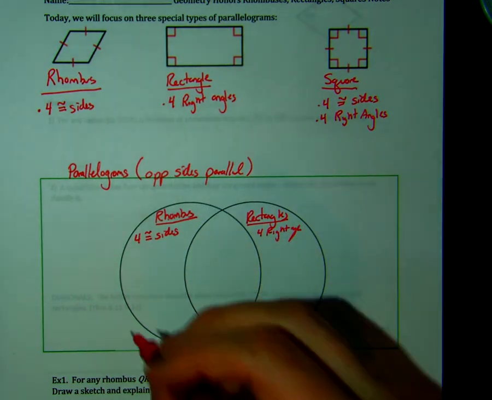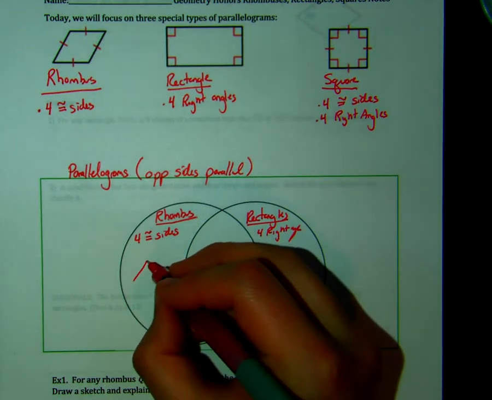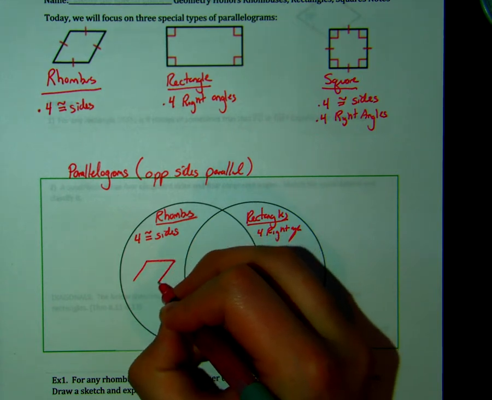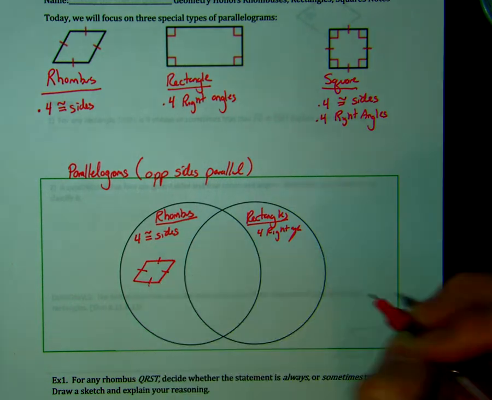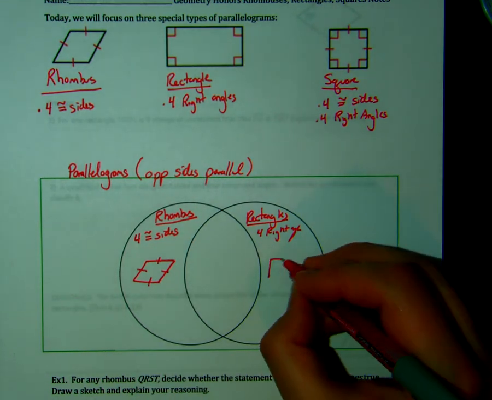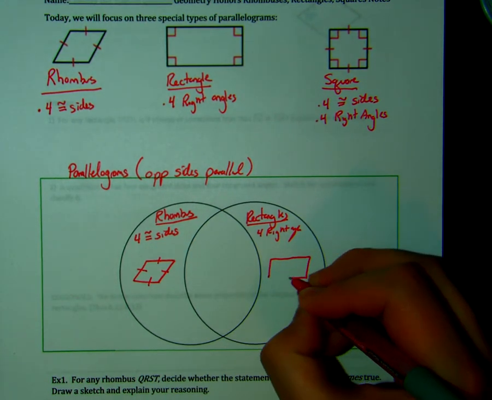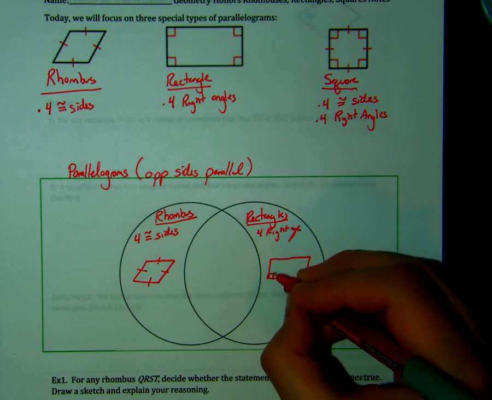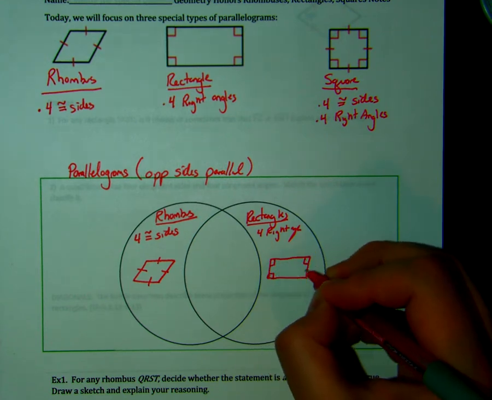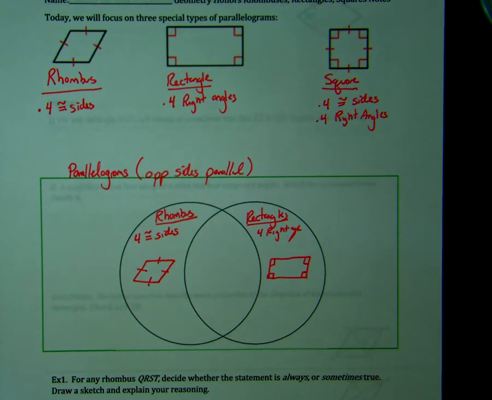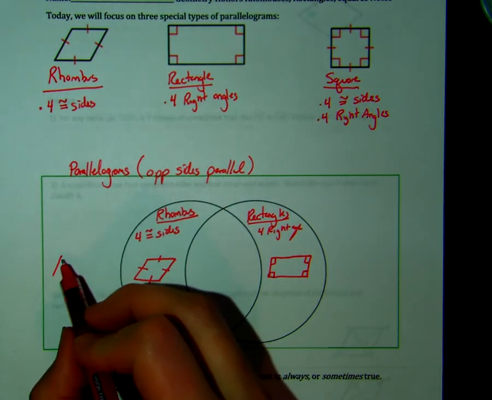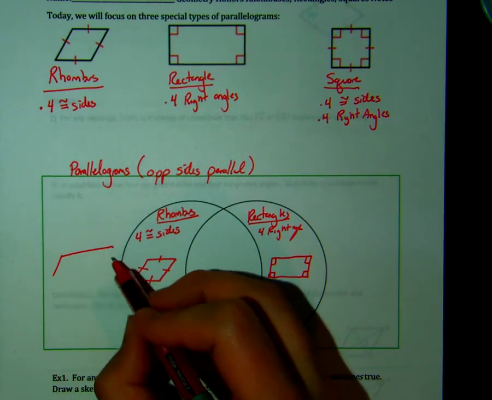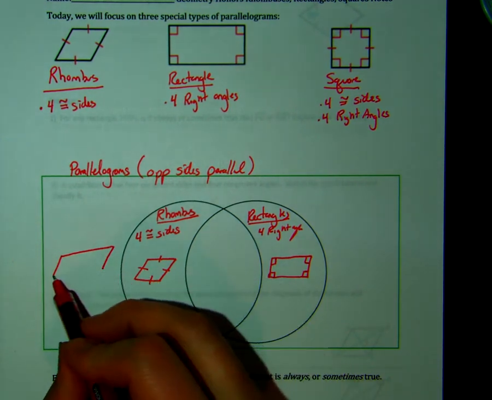Okay, so for a rhombus, we draw kind of an example here. I know this is going to be a rhombus because I will mark that I have four congruent sides. I have a rectangle here. This has four right angles. What would exist on the outside would be one that is neither of these, one that doesn't have right angles and does not have four congruent sides.